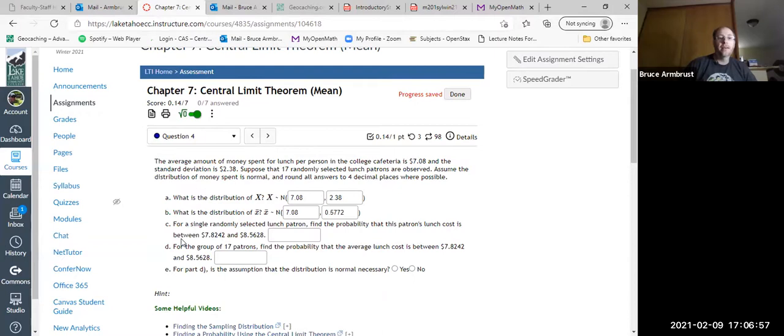All right. So then for a single randomly selected lunch patron, find the probability that this patron's lunch cost is between these 2 amounts. Uh-oh, do we have some question on what that value is? Willie, yes, it is 2.38 divided by the square root of 17.